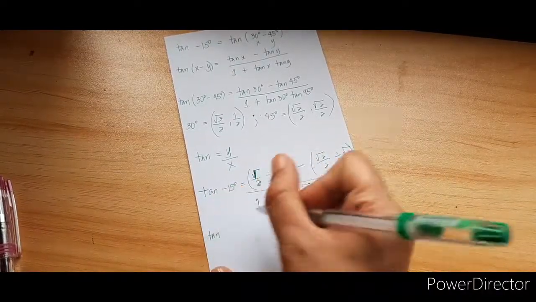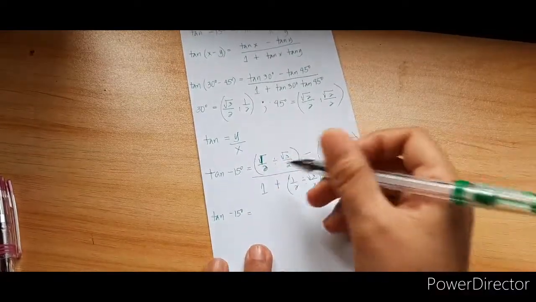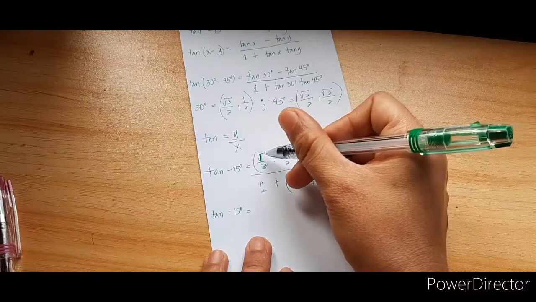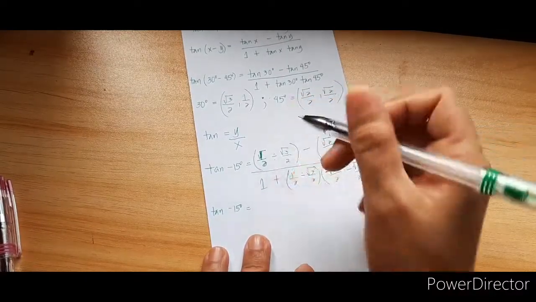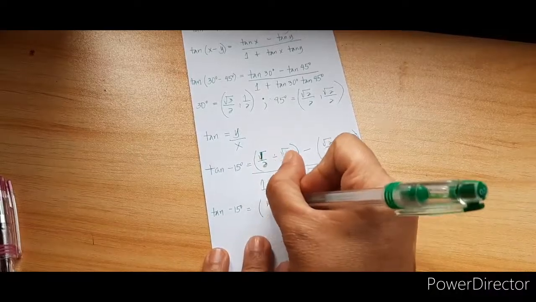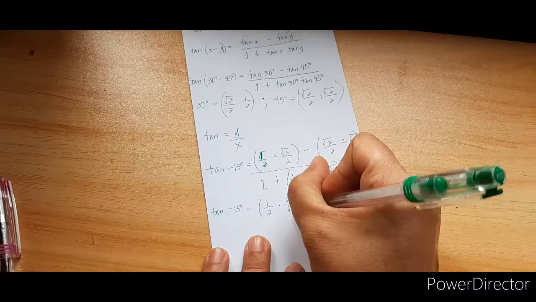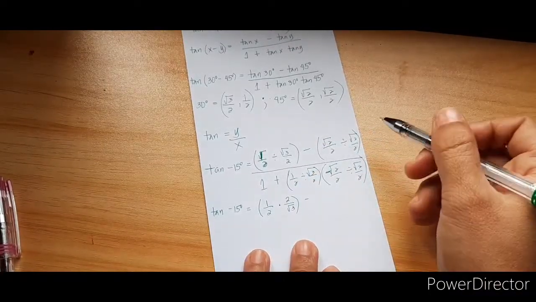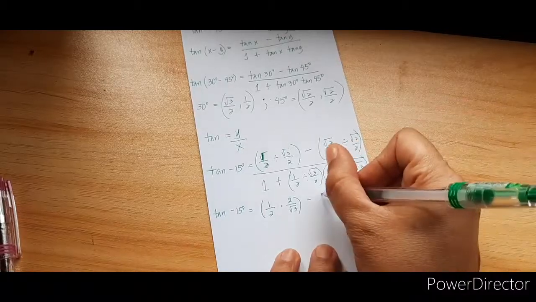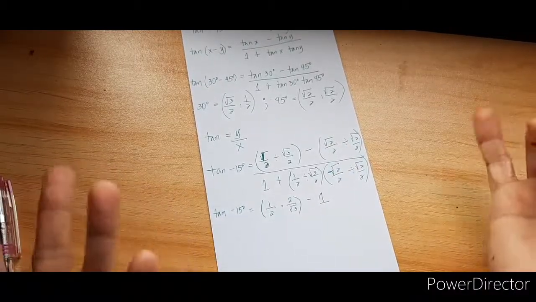So, tangent negative 15 degrees is equal to, kapag nag-divide ng fraction, kukunin yung reciprocal nito and then proceed to multiplication. So, that will be 1/2 multiplied by 2 and square root of 3. Minus square root of 2 divided by square root of 2 is equal to, of course, 1. Any number that is divided by itself is equal to 1.